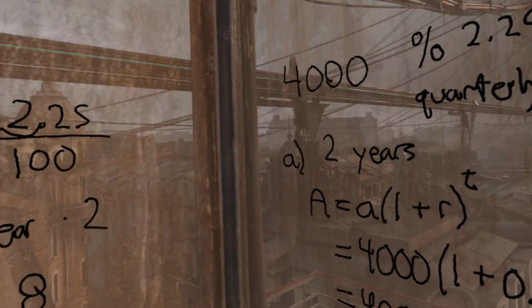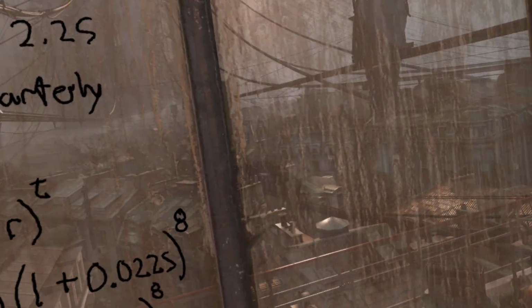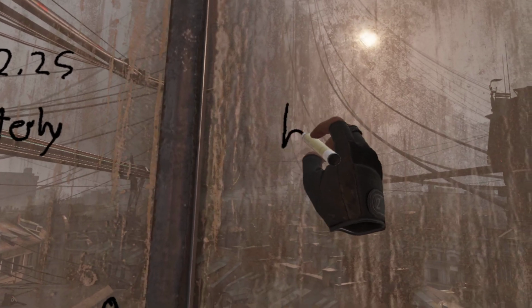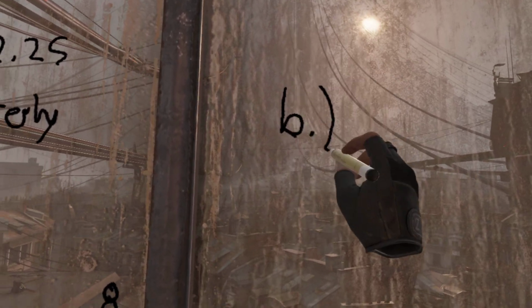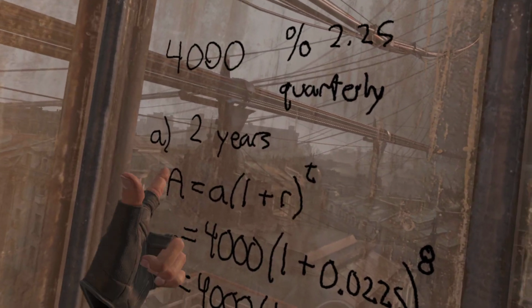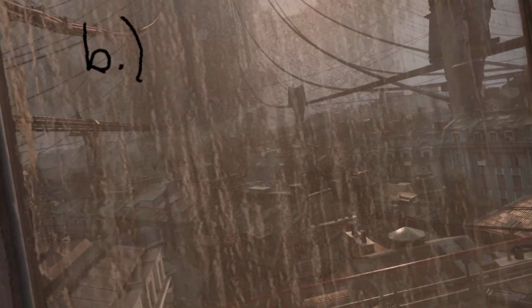Let's take a look at a more difficult question where we use logs. So this will be question B. This one's going to be a little bit different because I know this is easy. That's super easy. Everybody can do that. You just plug numbers into a formula and get an answer. Let's ask a different type of question.